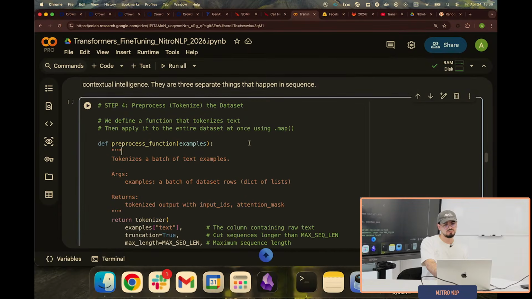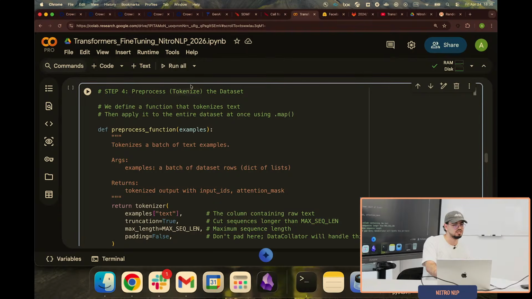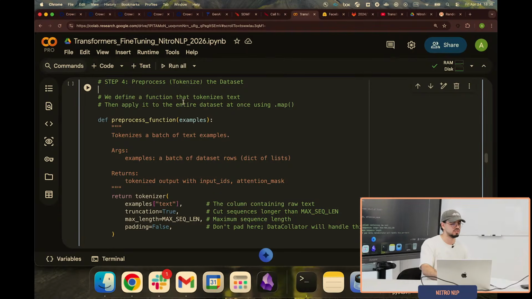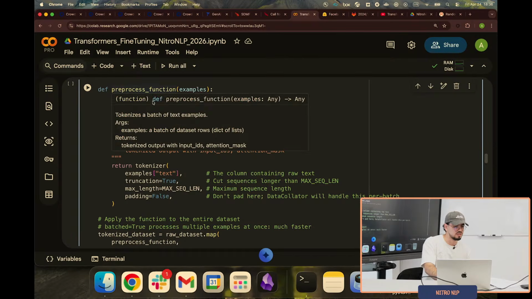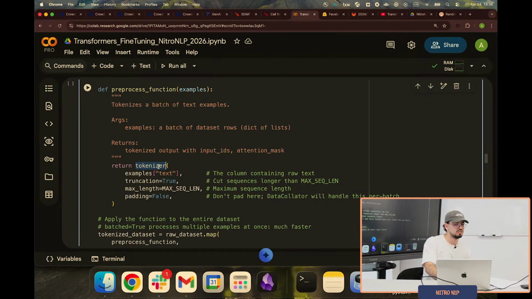All right. After we declare the tokenizer, we need to run our dataset through this tokenizer. So we're going to declare a preprocessing function, which is going to return the tokenizer of our examples with truncation true. What does truncation mean?